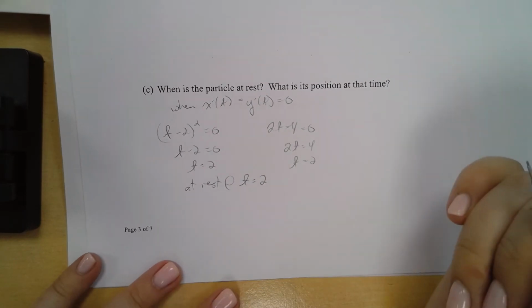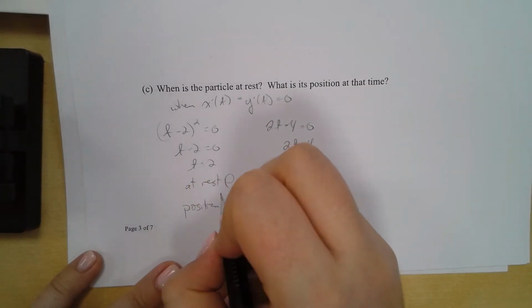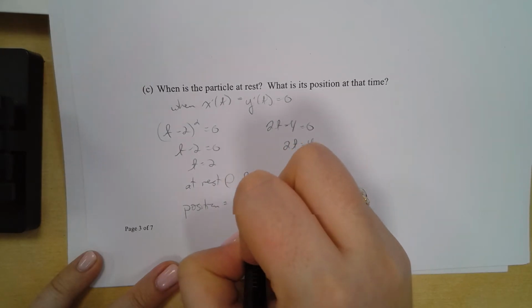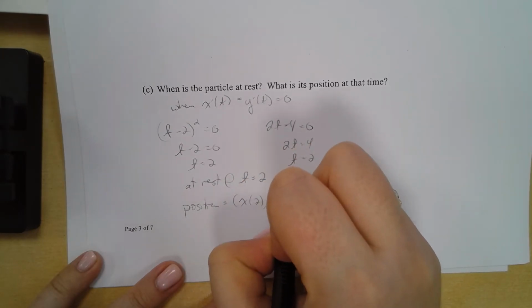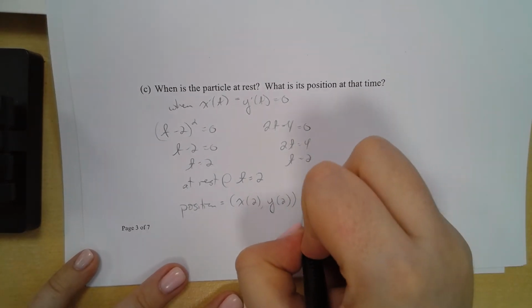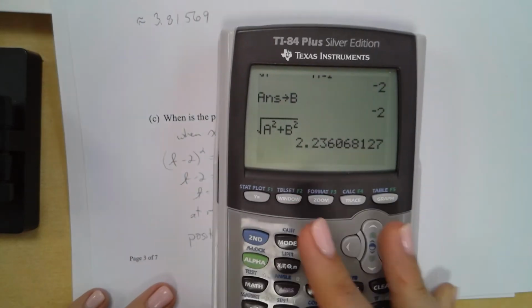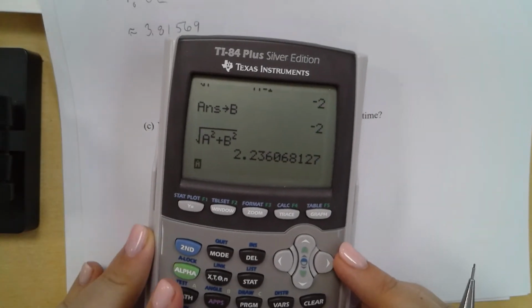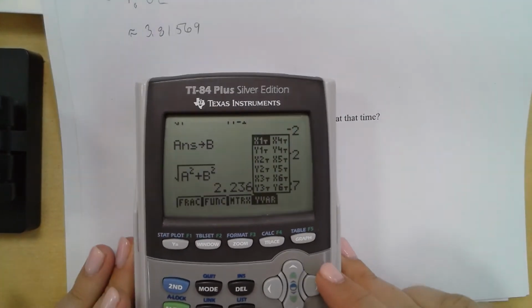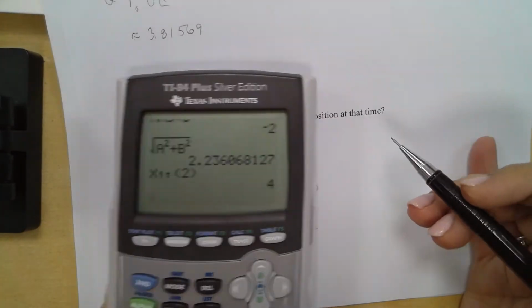So what's our position then? Our position would be x of 2, y of 2. I can show you how to find that on our calculator. I'm just going to say alpha x1 of 2, and I get 4.